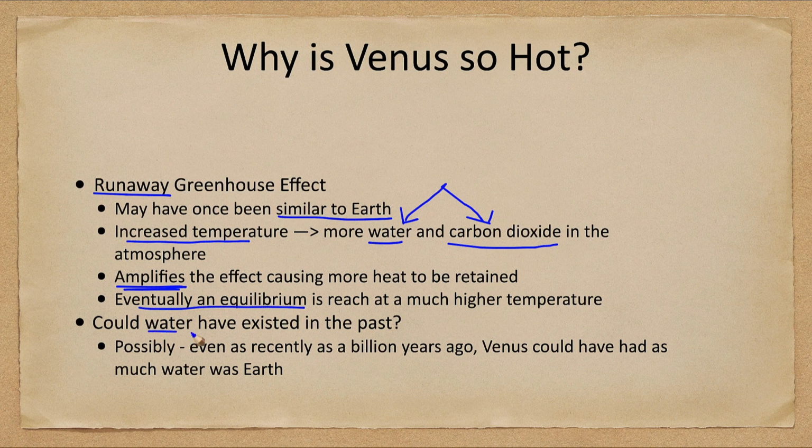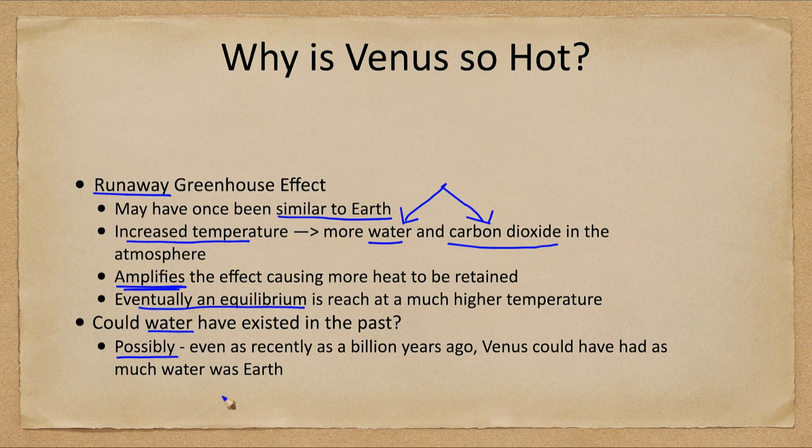Could water have existed in the past? Possibly, and it's probably likely that Venus could have had as much water as Earth. So are we seeing Earth's future? Well, the short answer is yes. Regardless of what goes on with climate change, the sun is continuing to heat up and will do so.